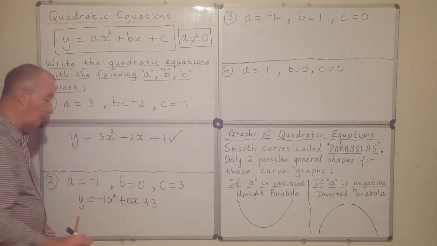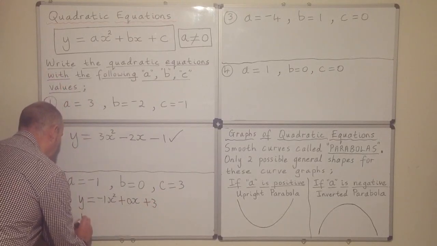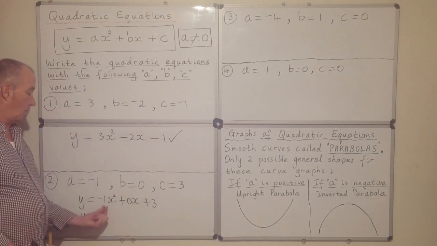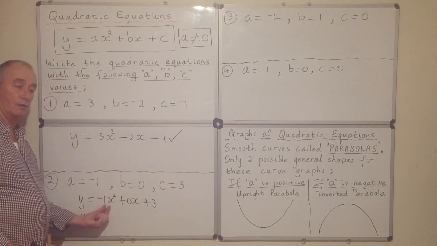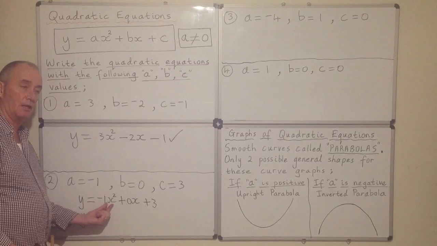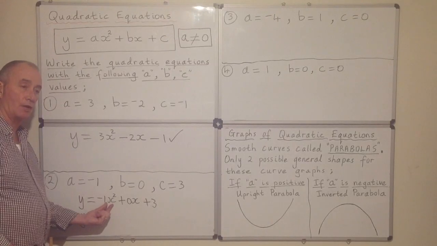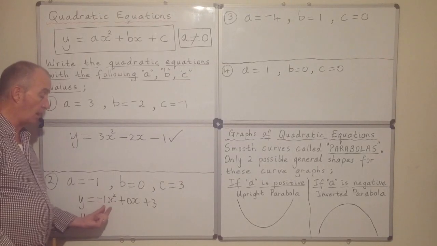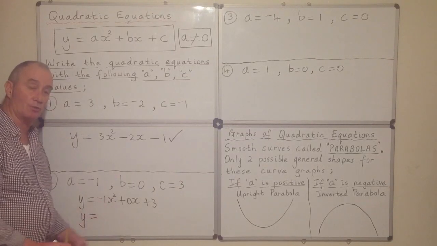Now, let's just do one more step of working out here. Y equals, now, 1x squared means 1 multiplied by x squared, which is just the same as x squared. So we can write negative 1x squared as just negative x squared.